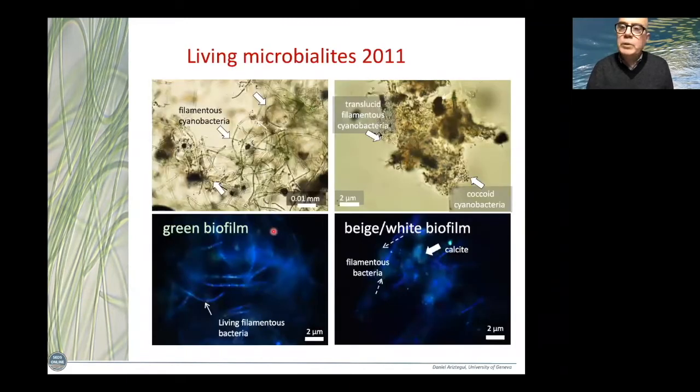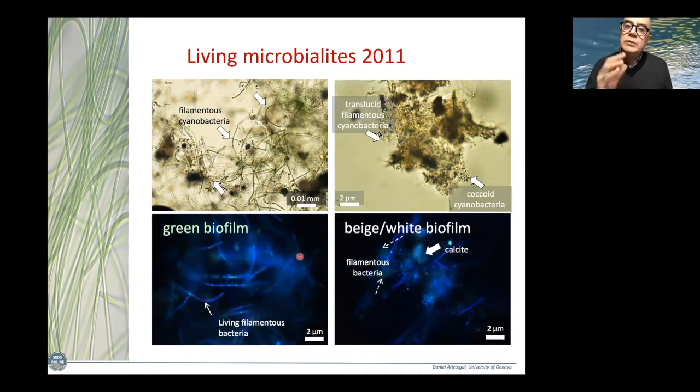When we look at them in the microscope, we see that the green biofilm is mostly composed of filamentous cyanobacteria, again our spaghetti here, and you see that they are living because this is with epifluorescence. The color here shows the living filamentous bacteria.